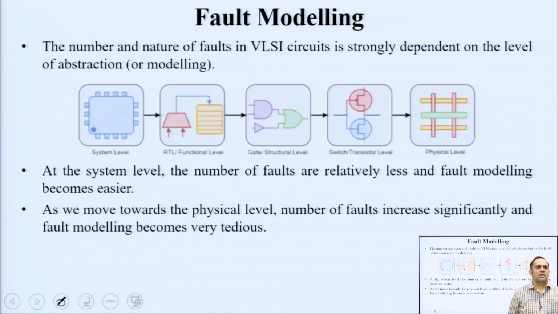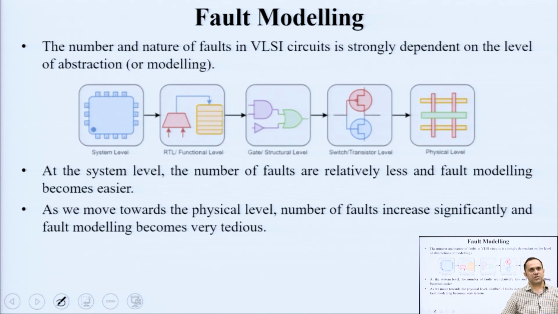Okay. The number and nature of faults in any VLSI circuit is strongly dependent on the level of abstraction. We have already seen the classification of different types of test. Okay. From that it was clear that testing can be done at different levels. In any VLSI design, you can have different levels of abstraction or modeling. You can work on the system level, you can go slightly down, okay, which is known as the RTL or the functional level, okay, where you have done the interconnection.